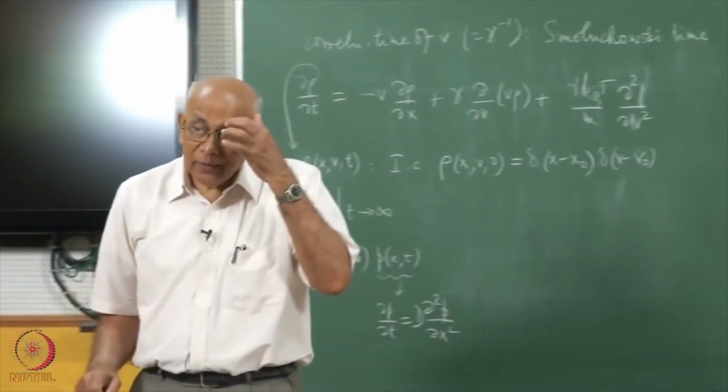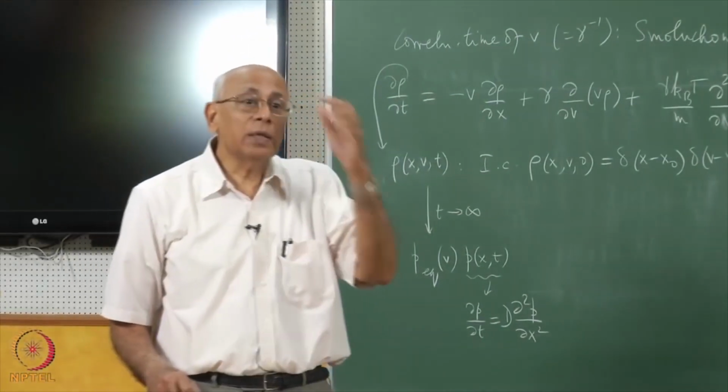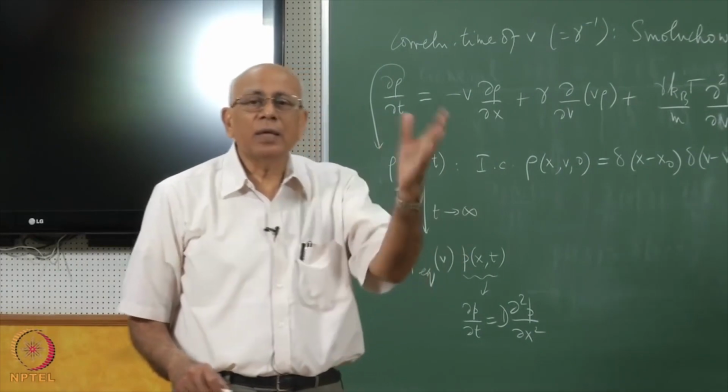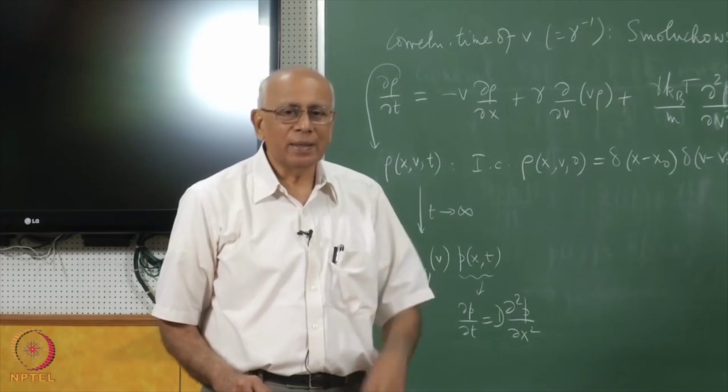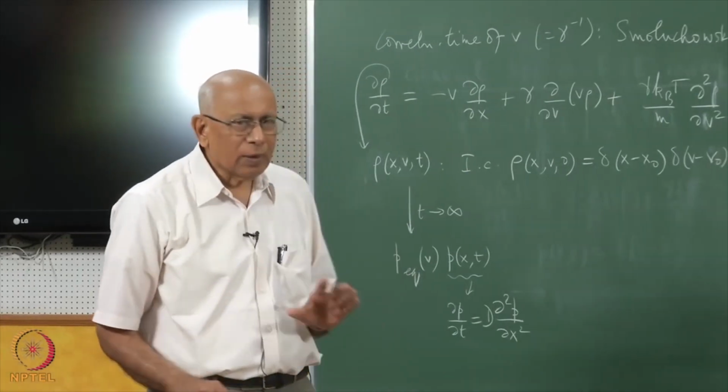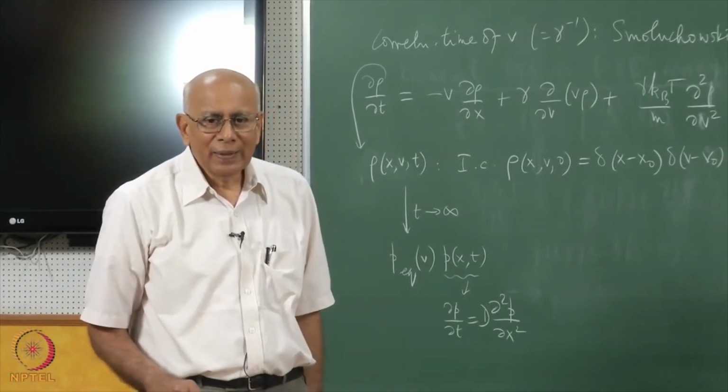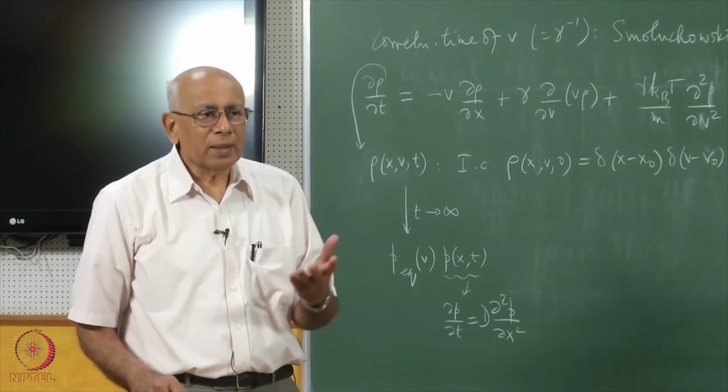Well, there is a characteristic velocity in the problem, and therefore there is a speed, and therefore there is a length scale. What is the characteristic speed in this problem? There is one quantity of dimension speed: the mean square velocity in equilibrium.